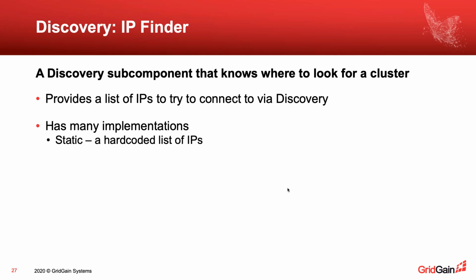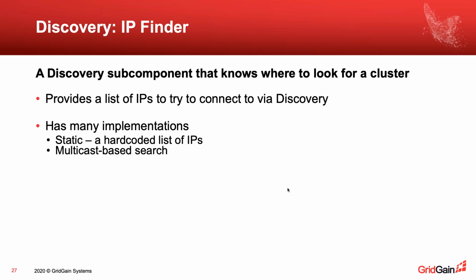As I've said, it has many implementations. The most commonly used one is a list of statically hard-coded IP addresses, which works very well for most bare metal or any on-premises environments which are not private clouds.